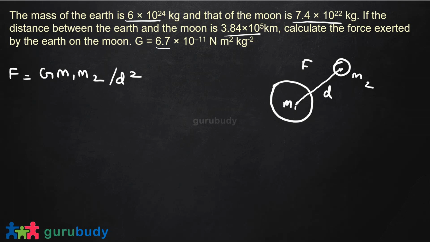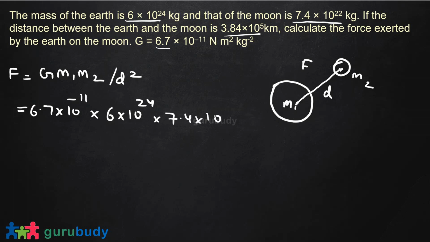Okay, so if you put all these values together, the G would be 6.7 into 10 to the power minus 11. Okay, and then multiplied by m1, which is the mass of the Earth, so 6 into 10 to the power 24. The mass of the moon, which is 7.4 into 10 to the power 22, divided by the separation.